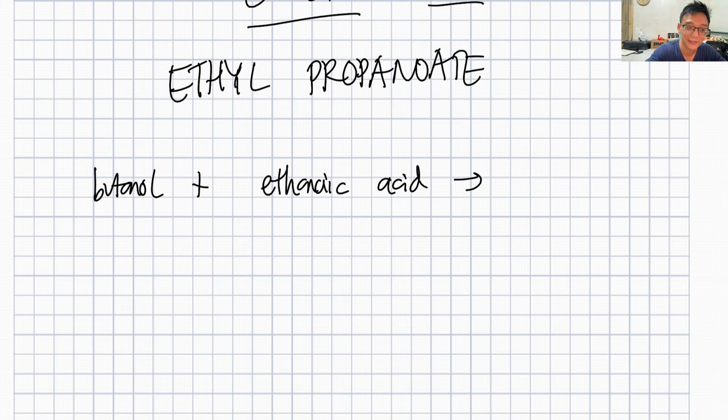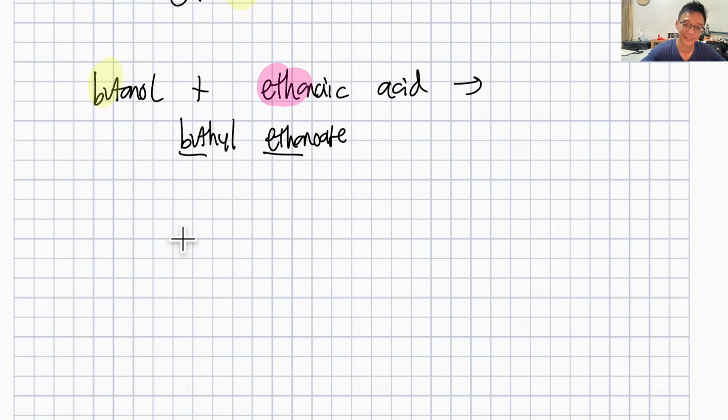From the alcohol, it will form the alkyl, and from the ethanoic acid, it will form the alkanoate. So even just judging from the name, we know that the name will be butyl ethanoate. The one with the COO double bond will be 2 carbon, and the one with 4 carbon will be all single bond. So let's draw this.